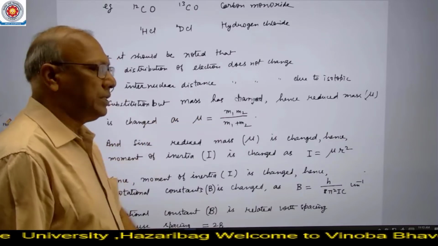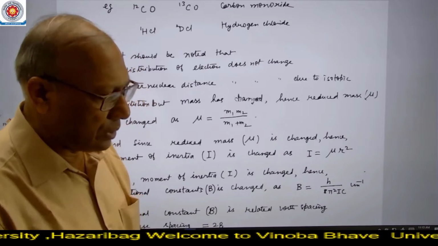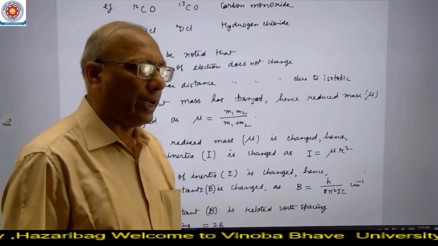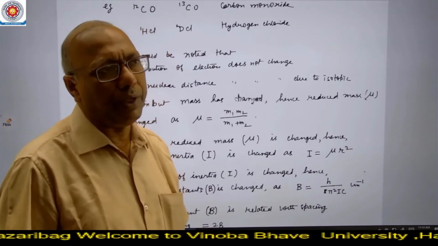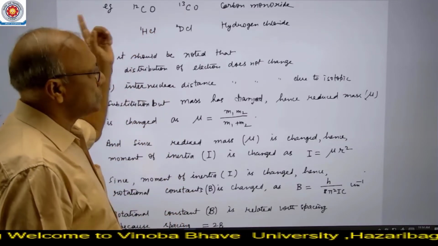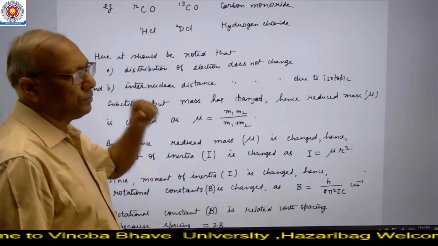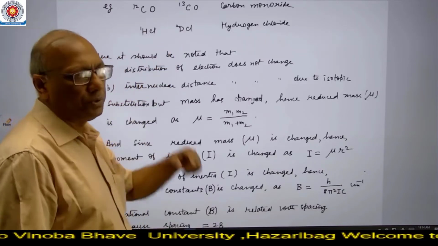But mass will change definitely, because isotopes are atoms of the same element with different atomic masses. Here the atomic mass of carbon is 12, here it is 13; the atomic mass of hydrogen is 1, and the atomic mass of deuterium is 2.